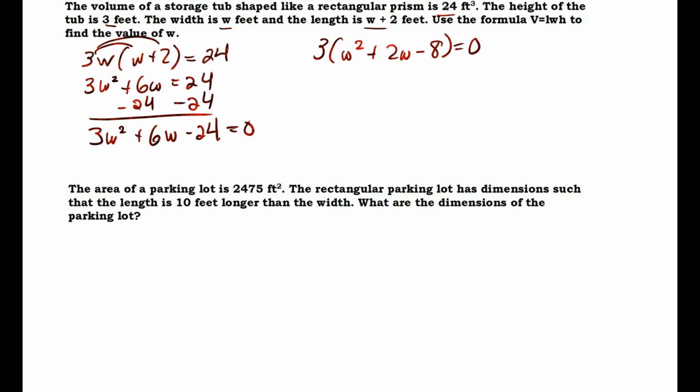Do we need to slide and divide or butterfly? No, we don't, because negative 8 will give me 4 and 2. W plus one of these, W minus one of these is equal to 0. So now we have, the larger has to be positive.